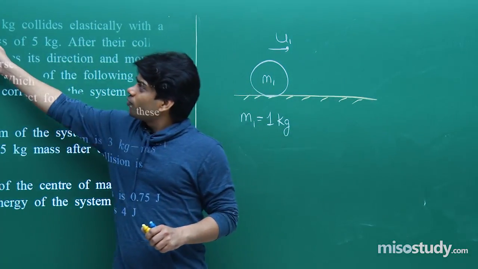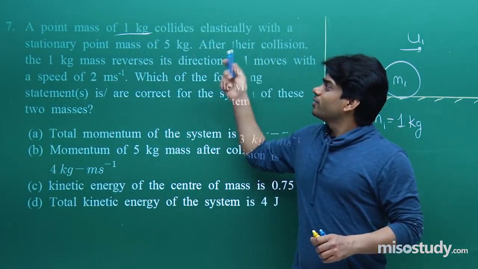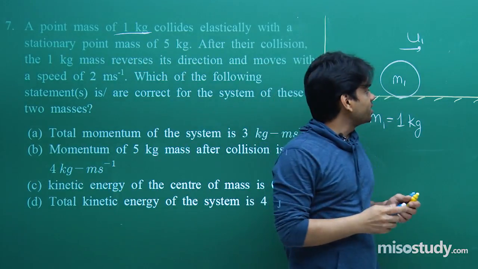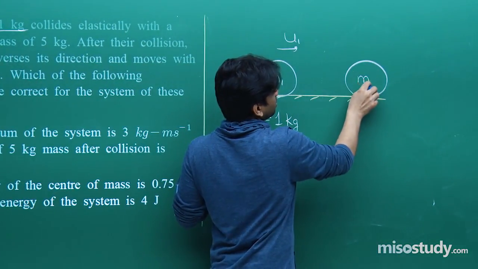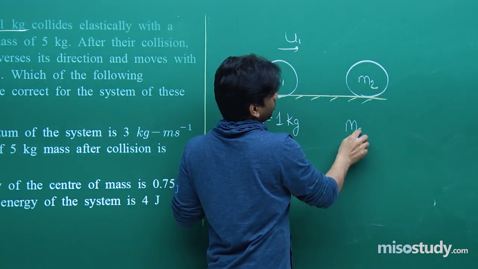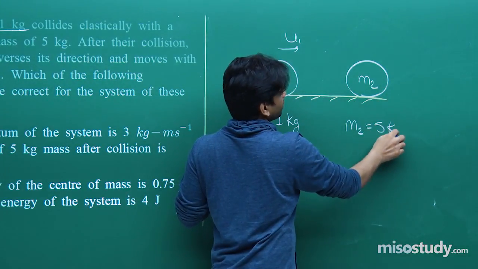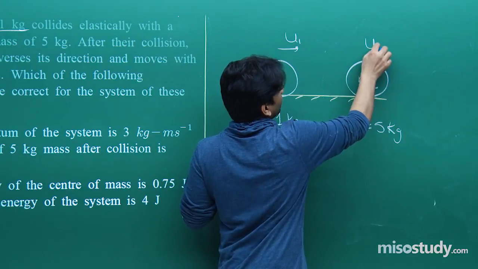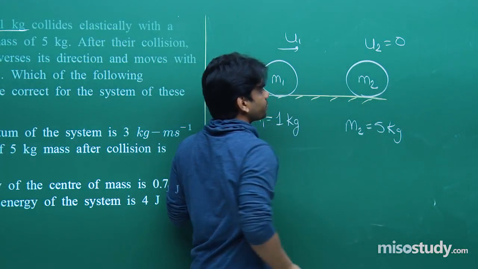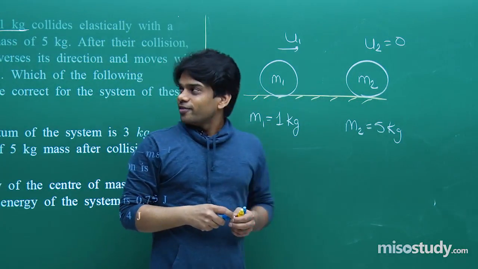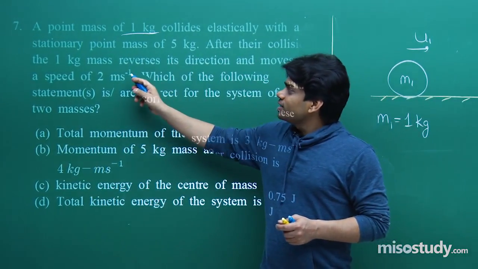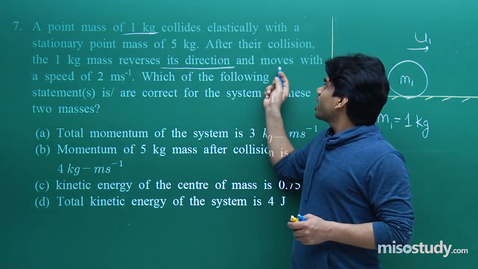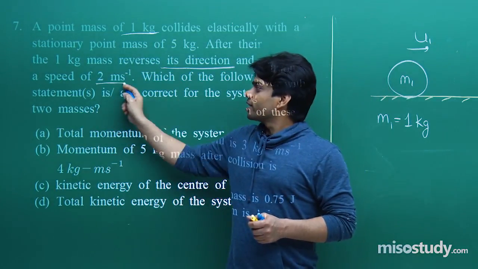A point mass of mass 1 kg collides elastically with a stationary point mass of 5 kg. So we have the second point mass whose mass is m2, and let's say m2 is 5 kg, that has been given. Its velocity is given as u2, that is 0. Second, it is given that after collision, the 1 kg mass reverses its direction and moves with a speed of 2 meter per second.